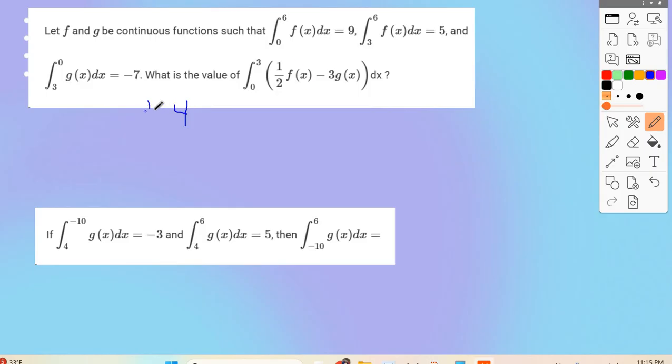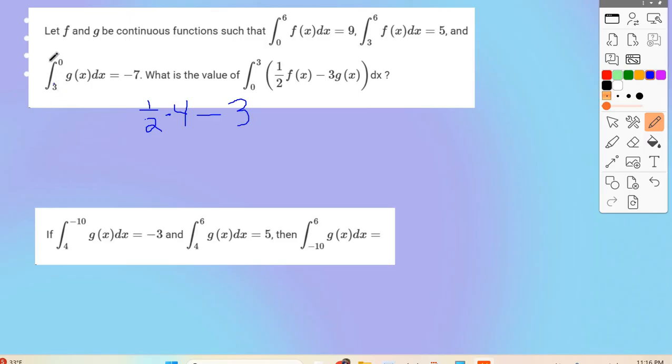So we know that we have 4 is my integral of f of x. I still have that 1/2 out in front. And then I have minus, and then we have 3. And then, again, I can just really look at this g of x from 0 to 3. Well, I know that the integral from 3 to 0 of g of x is -7. We don't want from 3 to 0. Also, 3 is bigger than 0, so it doesn't really make sense for our bottom bound to be 3.